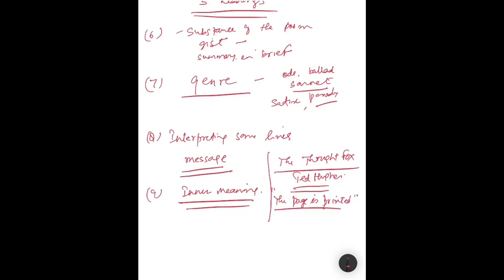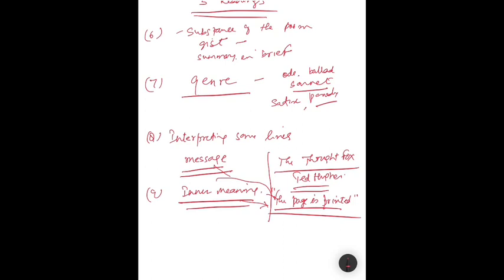And here lies the significance of the poem. Here lies the message of the poem, and here lies the inner meaning of the poem. So we're going to take this line, interpret it and analyze it, and tell the message of the poem and also the inner meaning. So take a few lines and interpret them.